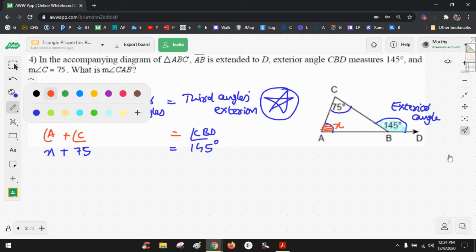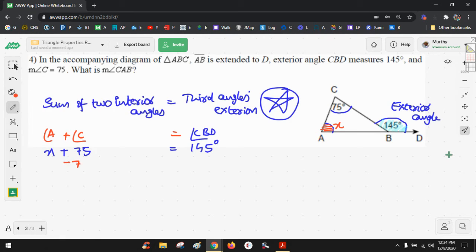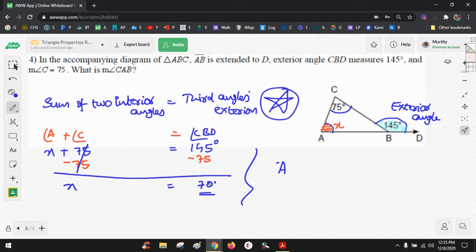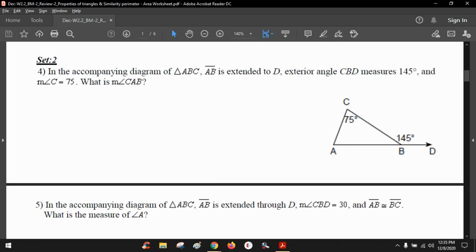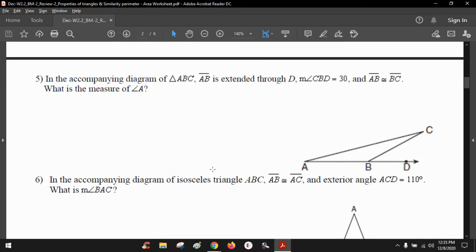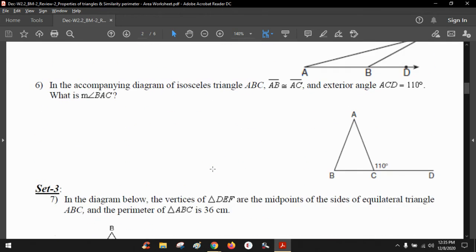Here onward, it is simple math: we go for the inverse operation, subtracting 75 on both sides. After the cancellation, I get x equals 145 minus 75, which is 70. So angle A equals 70 degrees. Okay.